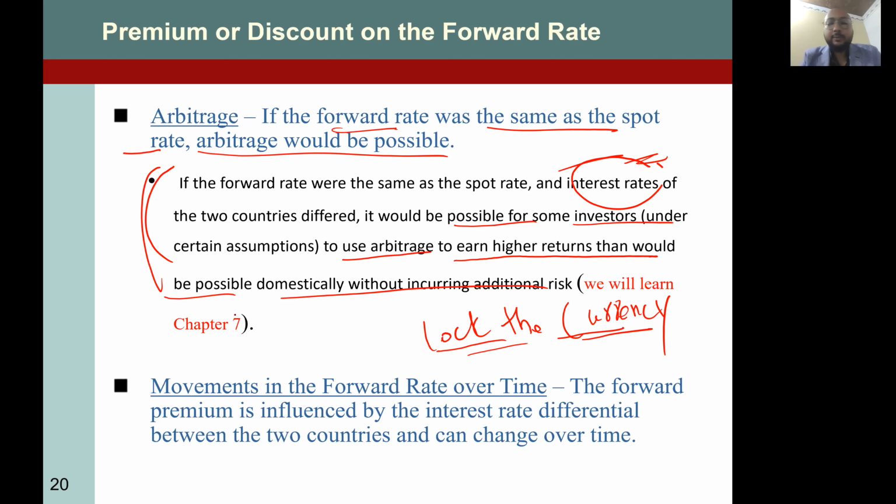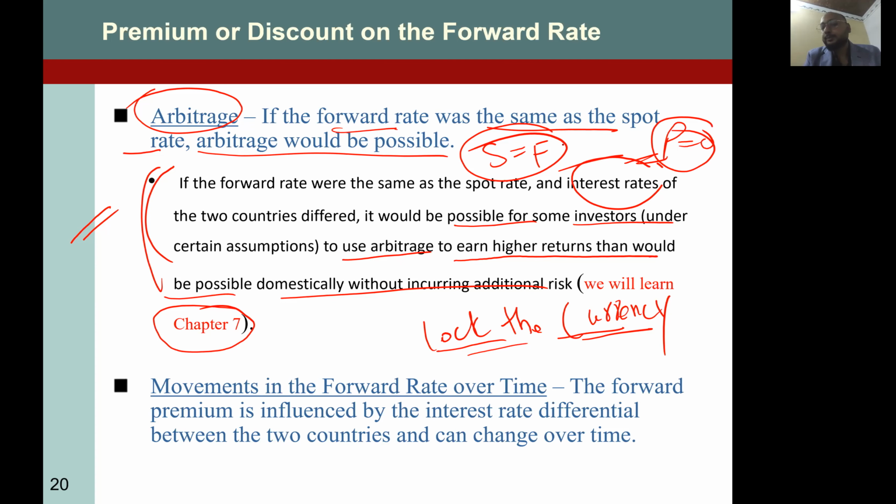So don't worry about that. We will also learn it extensively in chapter 7. We have different techniques, categories, theories and formulas to make this arbitrage. Just know that we can have a riskless profit through arbitrage if spot is equal to forward, when premium is equal to 0.